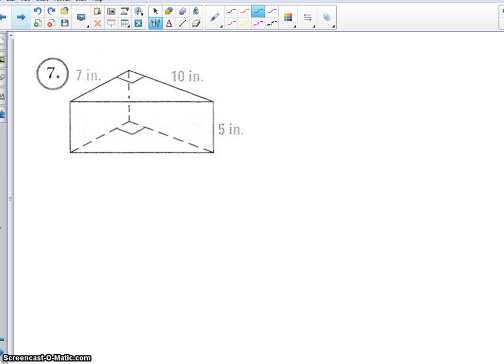Also, if we take a look now at number 7, one key here is the formula is always volume equals area of the base times the height. Well, in this case, the base has to be the parts that are parallel, right? You notice you have a triangle here and again on the bottom. So those are your two bases. How do you find the area of a triangle?